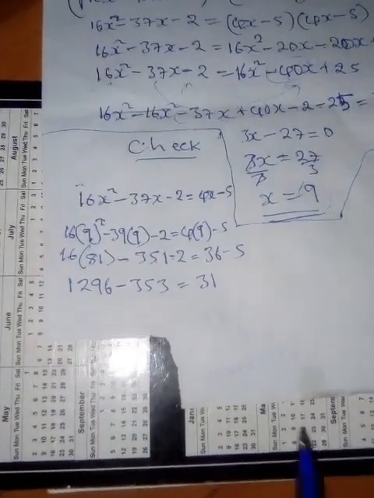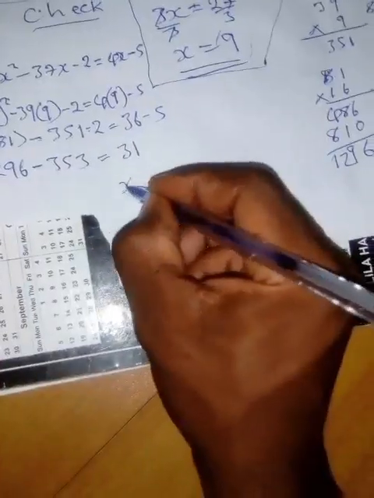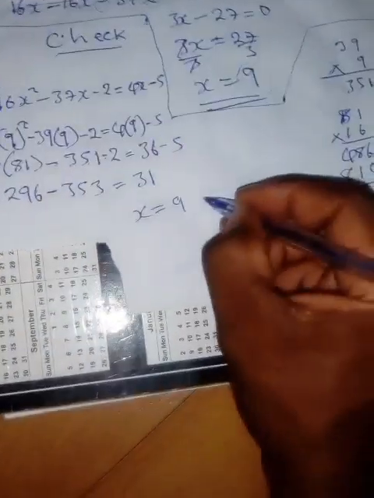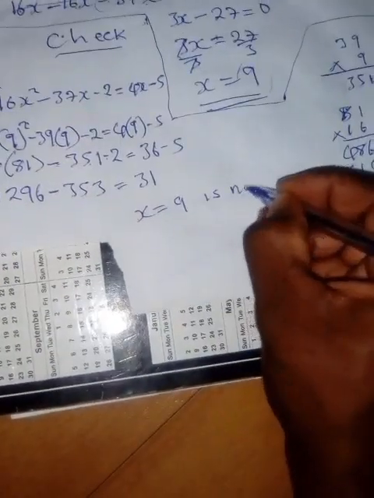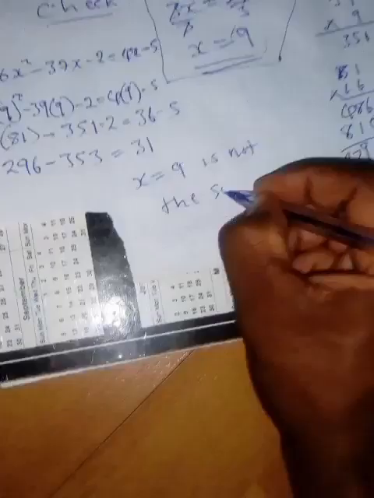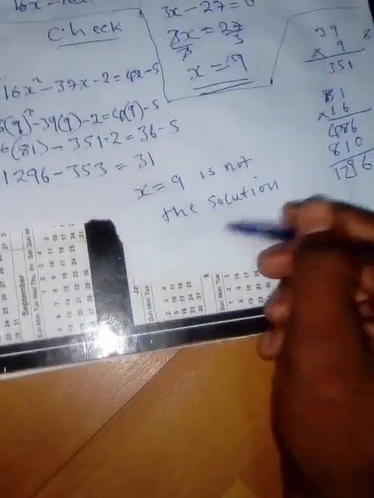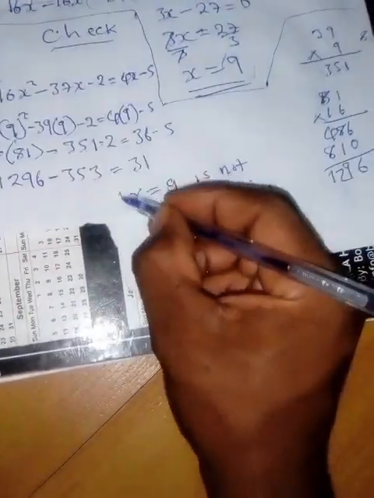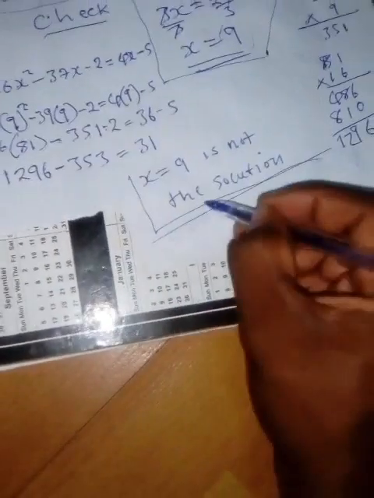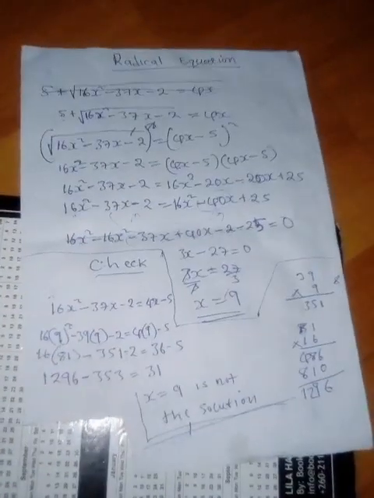So x equals 9 is not a solution for this radical. So this is our answer. Okay, see you in the next video.